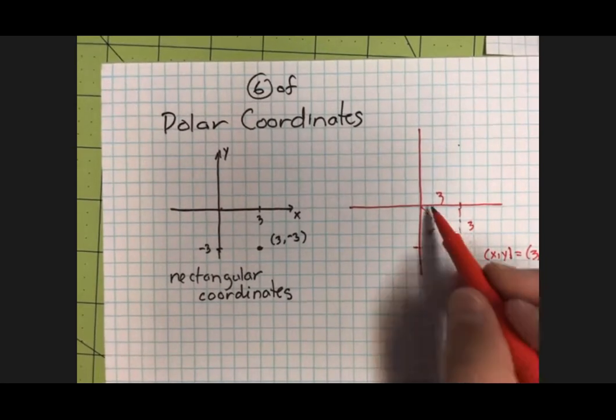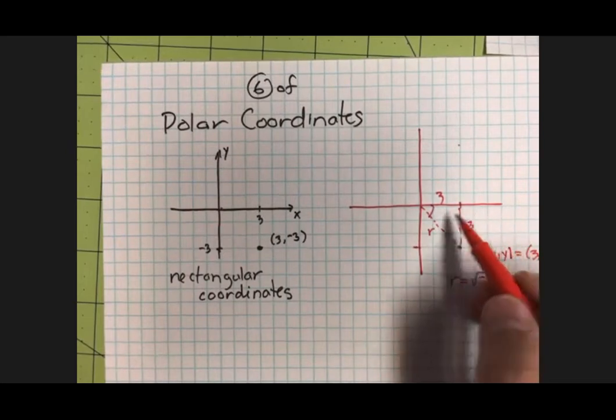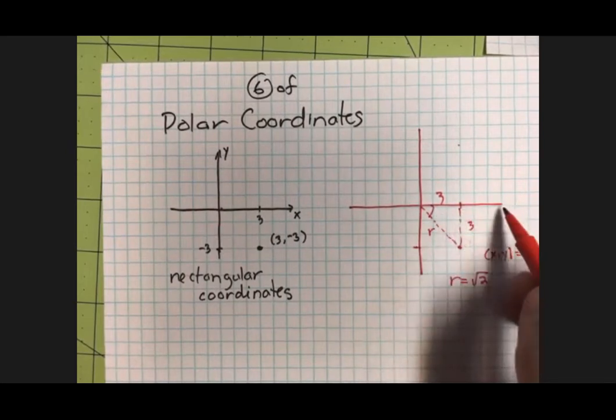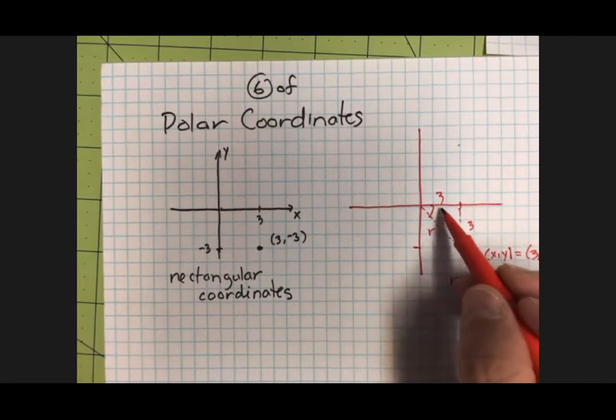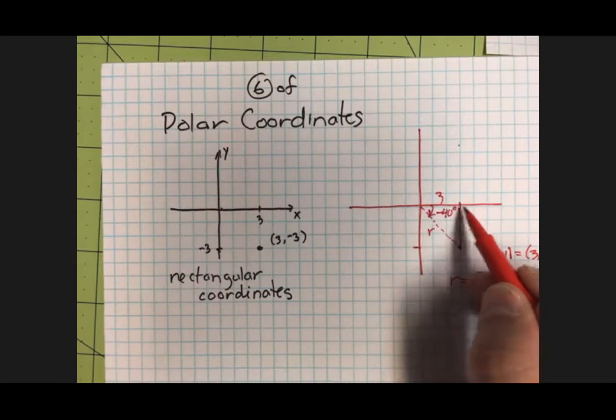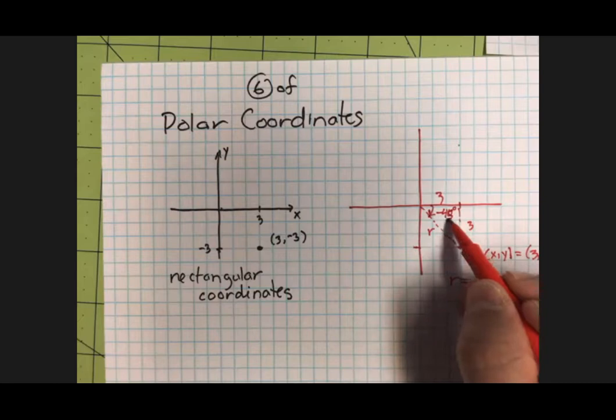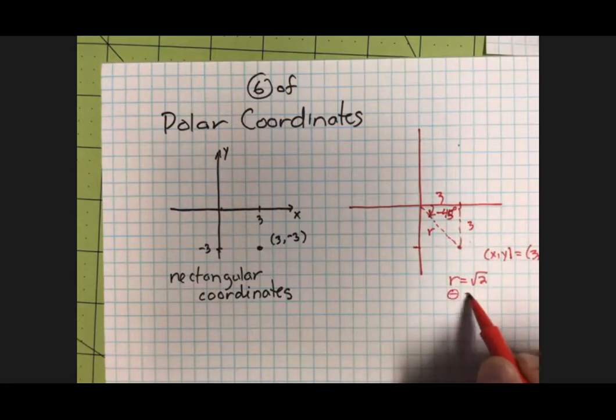What angle would that be? Remember, you mark angles from the positive x-axis. So this is a 45-degree triangle, to be sure, but you're going down 45 degrees from where you started. So this would be an angle of minus 45 degrees.